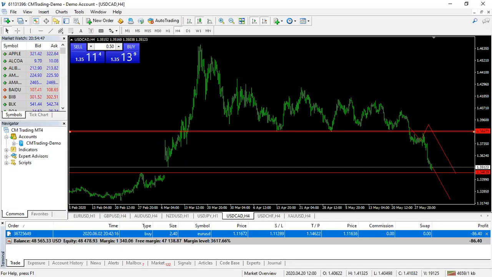So yes, the next thing we talked about Pip Value. Okay. So then tutaenda kwa trade stops ama limits. Okay. So in trading, ikikuja to trade entries, I'll tell you one thing.